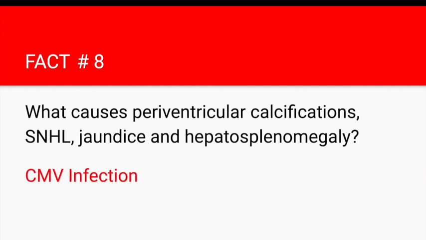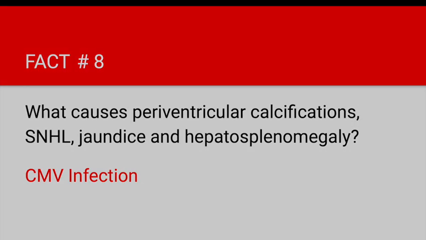How I remember it is the V in CMV and the V in periventricular calcifications. However, in let's say toxoplasmosis infections, they have intracranial calcifications. So that's how I remember which calcifications belong to which infections.